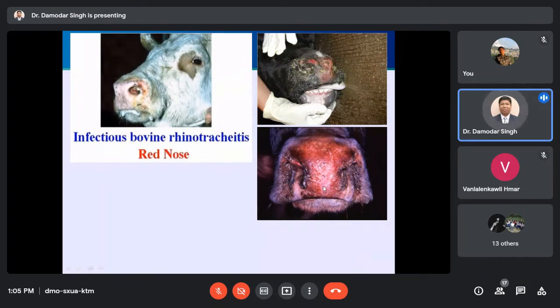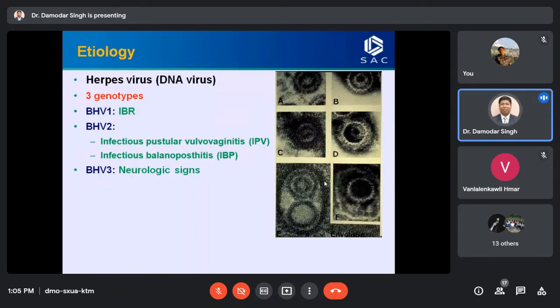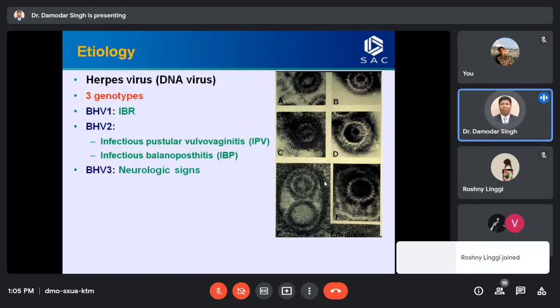In this particular picture, from a distance you can view the affected animal showing redness of the nose or muzzle. That's why the synonym red nose is given. It is caused by a herpes virus known as bovine herpes virus, having three serotypes.